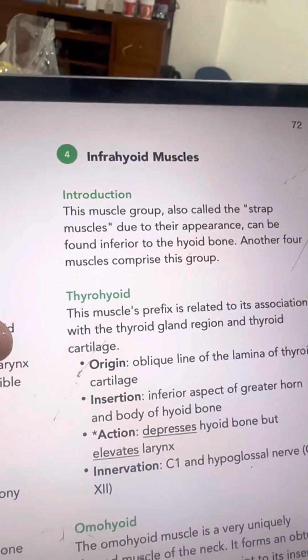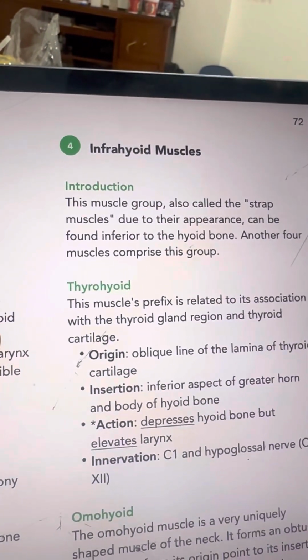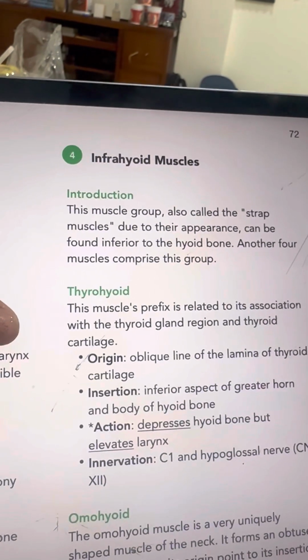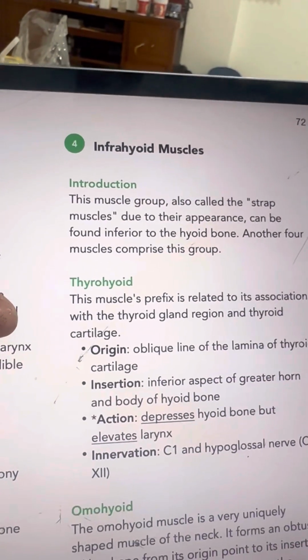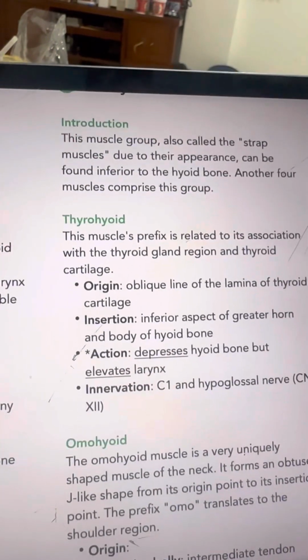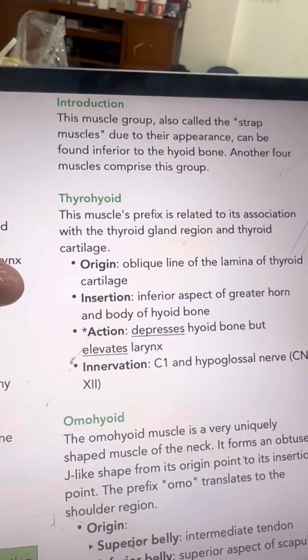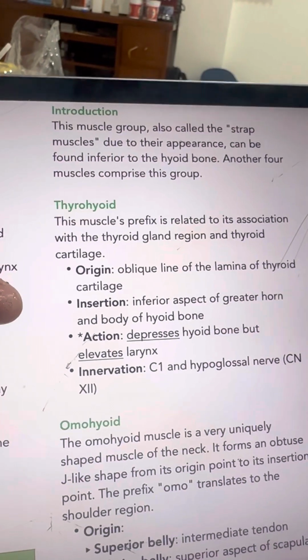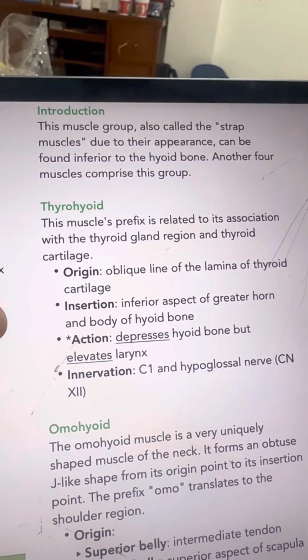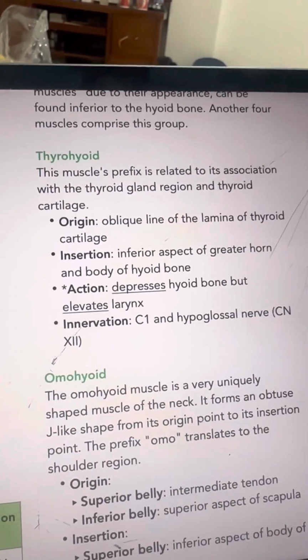Infrahyoid muscles. Introduction: this muscle group is also called the strap muscles due to their appearance. They can be found inferior to the hyoid bone. Another four muscles comprise this group. Thyrohyoid. This muscle's prefix is related to its association with the thyroid gland region and thyroid cartilage.